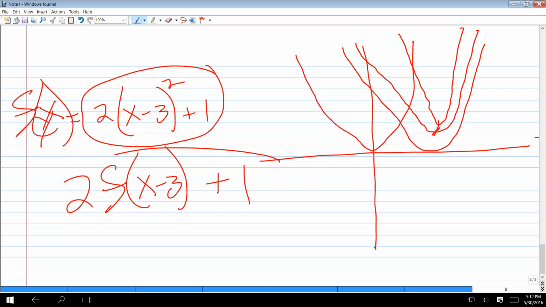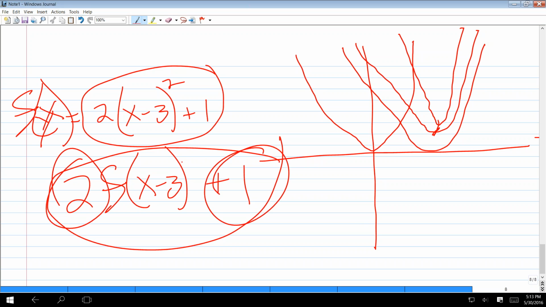That's what it is. And what you need to know is that anything inside the parentheses is a horizontal shift or stretch. Anything outside the parentheses is a vertical. That's going to be a vertical stretch, that's going to be a vertical shift, that's going to be a horizontal shift.